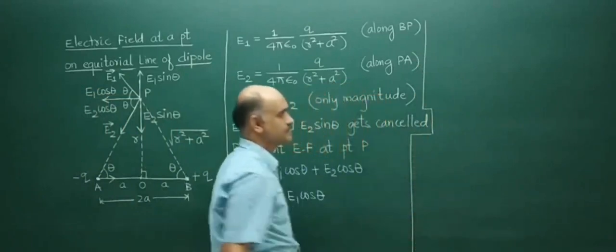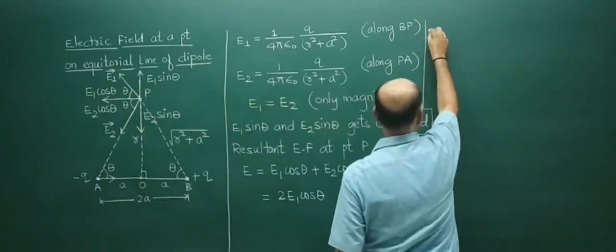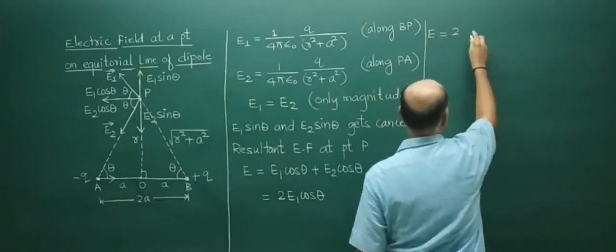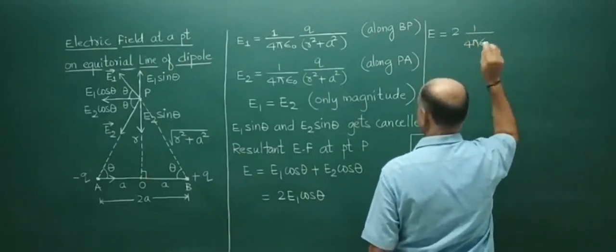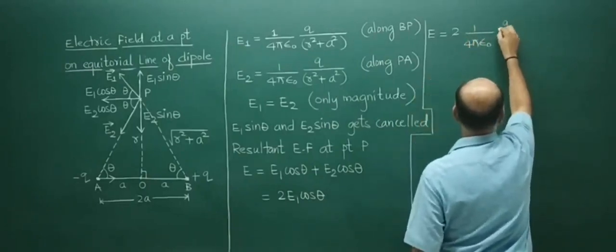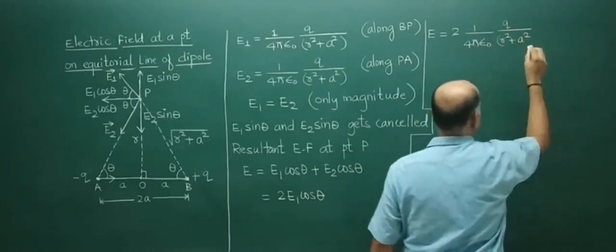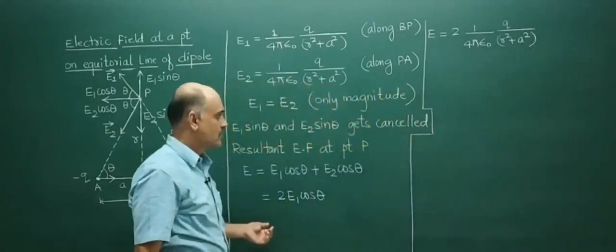So now I will substitute the values. Therefore E is equal to 2 into 1 by 4 pi epsilon naught q by r square plus a square, into cos theta.